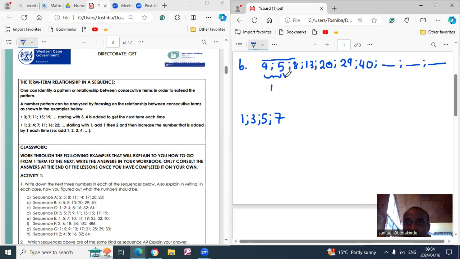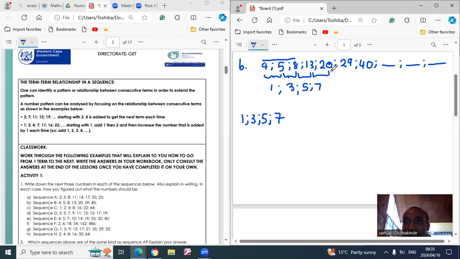Now the difference between 8 and 5 is 3. The difference between 13 and 8 is 5. The difference between 20 and 13 is 7.